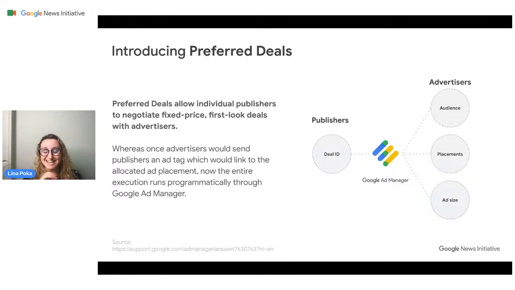Now the entire execution runs programmatically through the DSP, the demand side platform, as well as an SSP, the supply side platform. As an example, Google Ad Manager and Display and Video 360 run seamlessly and automatically, where a deal ID gets things moving to create that preferred deal.